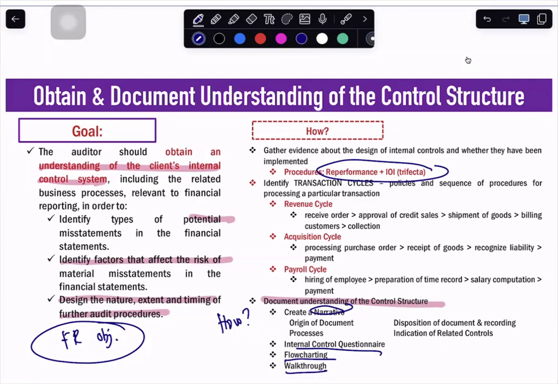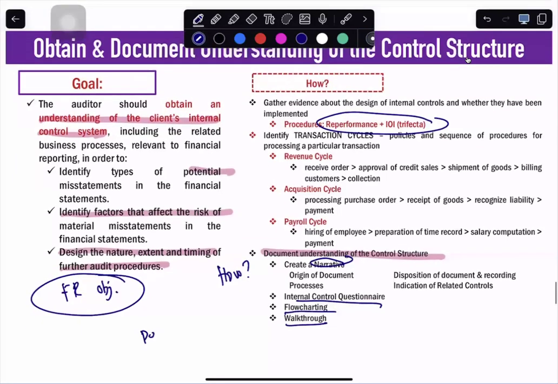So as we go through your different business cycles, you will understand this narrative by looking into what documents are needed in a particular cycle, how that document flows through that cycle, how we dispose those documents, and ultimately, what are the internal controls out of those business documents and different departments related to that cycle. So again, we look into the documents in that particular cycle.